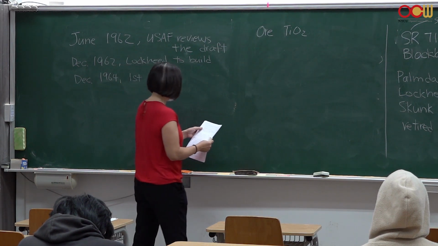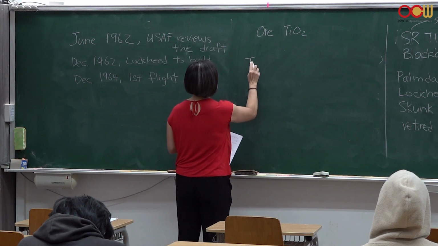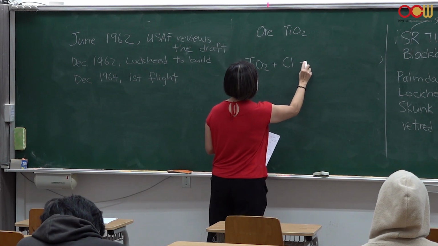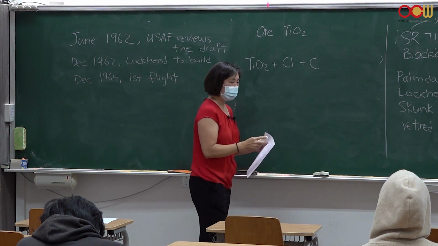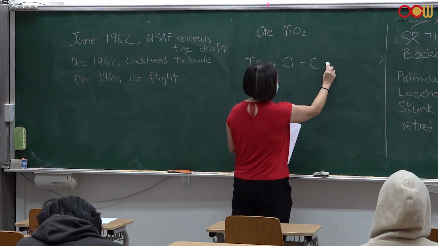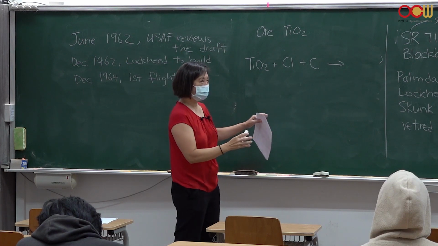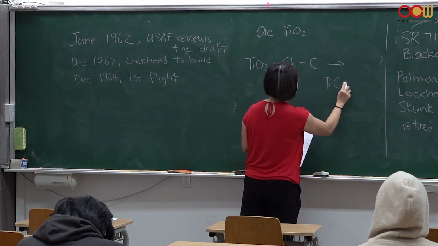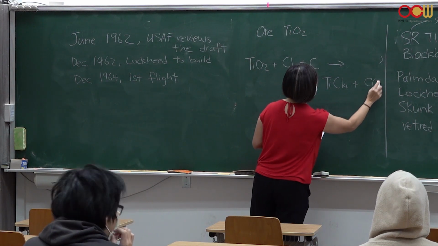So what they do is they take TiO2 plus chlorine gas plus a source of carbon, and this is not stoichiometrically balanced, but basically they form titanium chloride plus CO2.